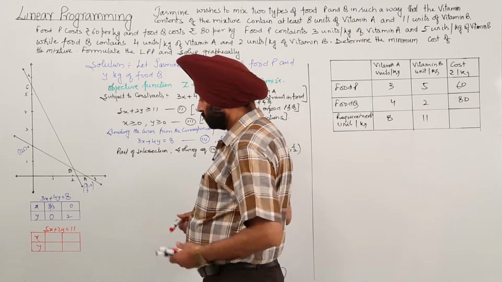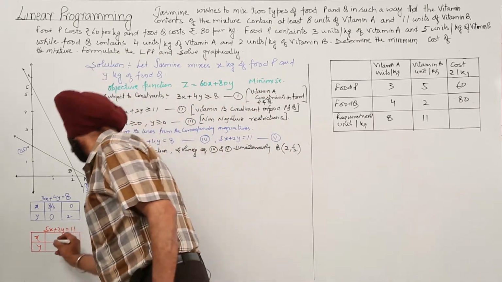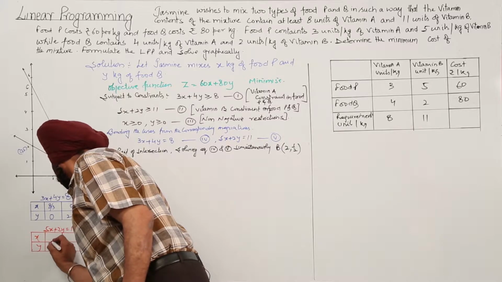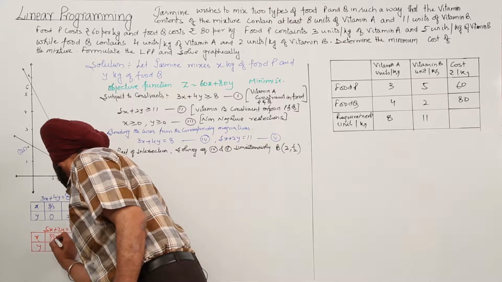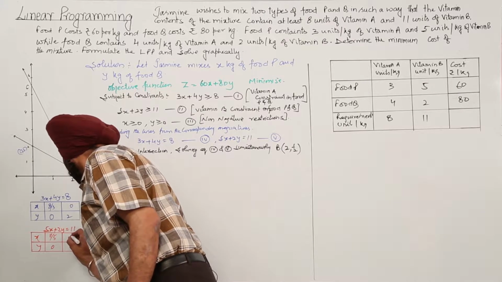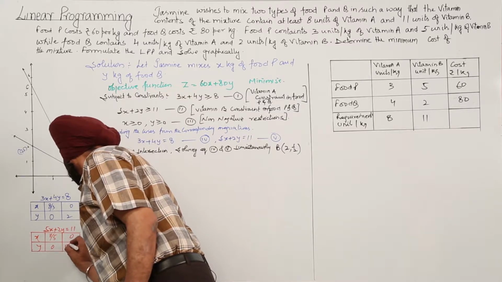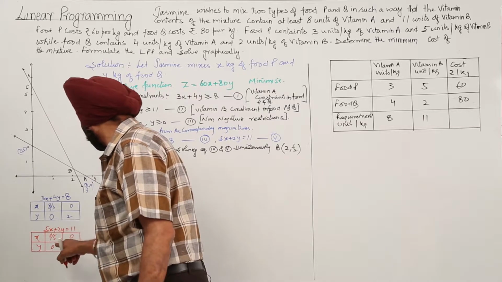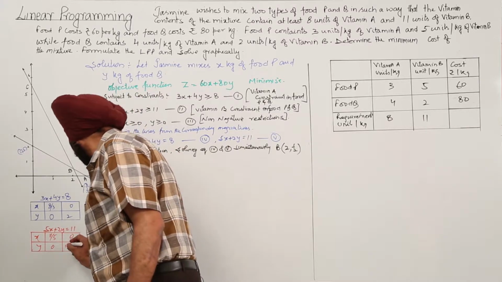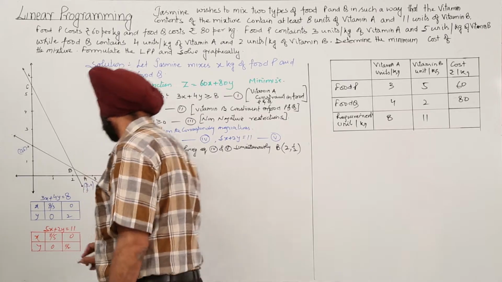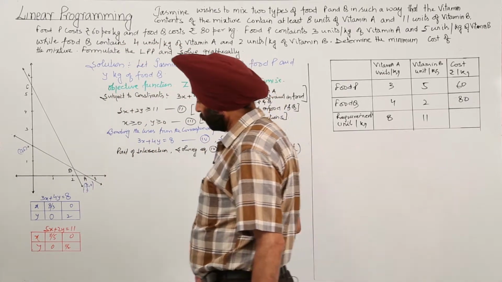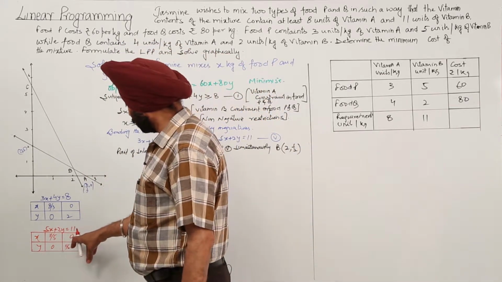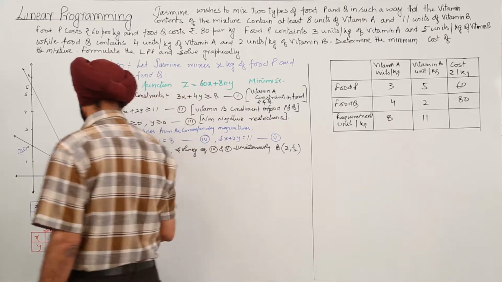Then when we put y as 0, we get x as 11 upon 5, and when we put x as 0, y is 11 upon 2.